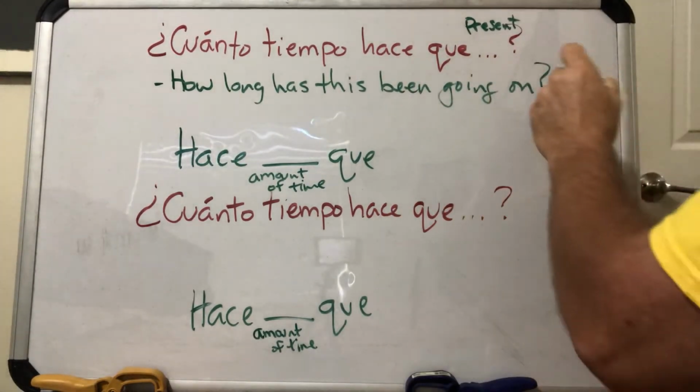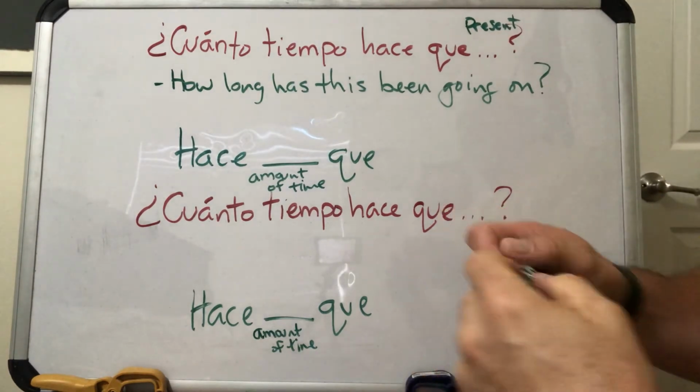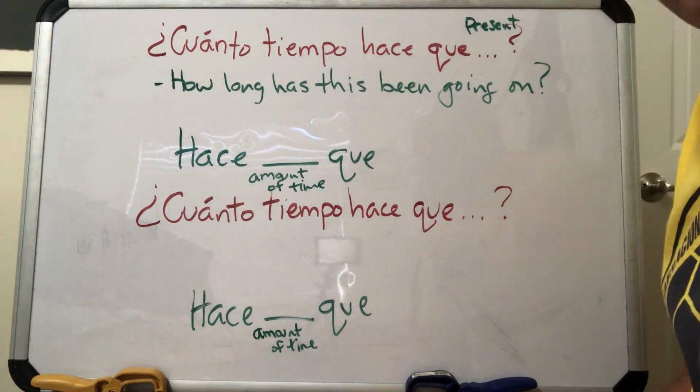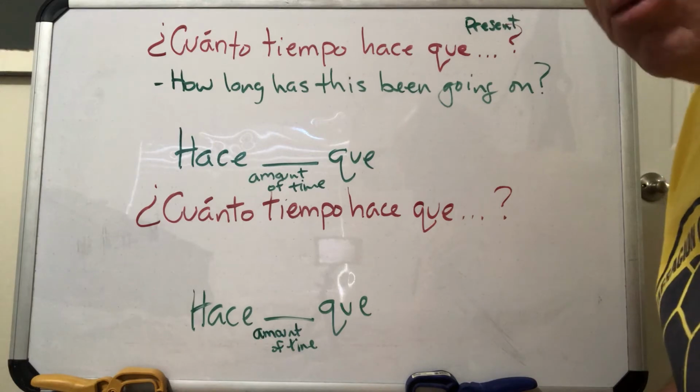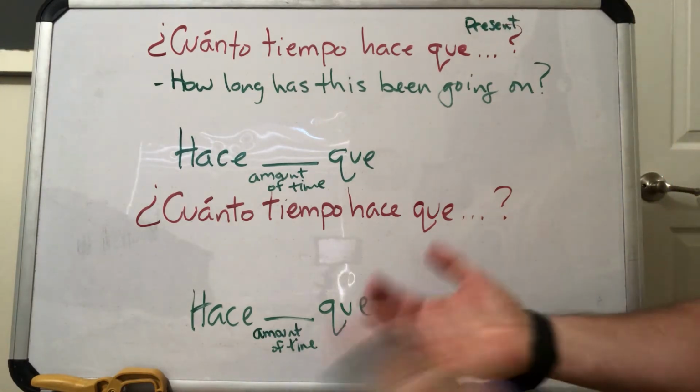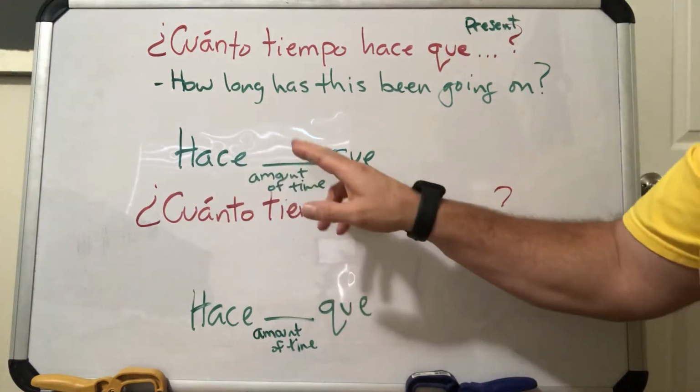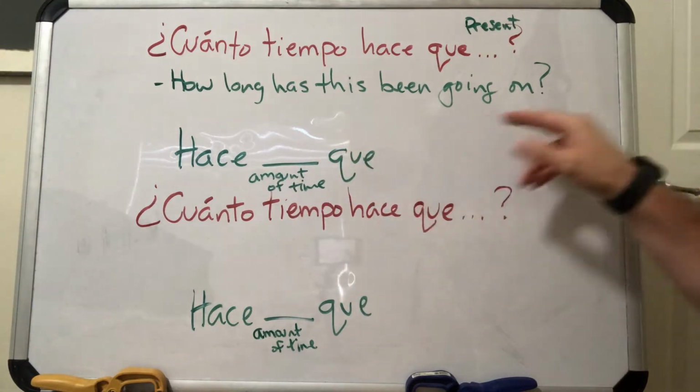That's the question we're asking. So, for example, if you say, how long have you been in school? That would be somebody like you guys who are in summer school. We could say, how many days? Hace 8 días que estoy en la escuela.